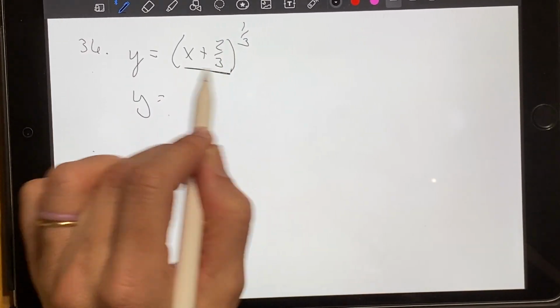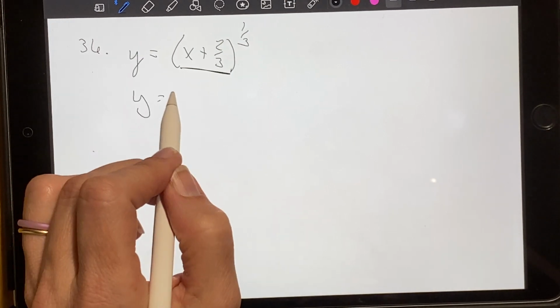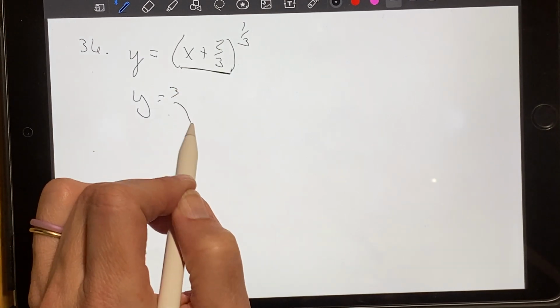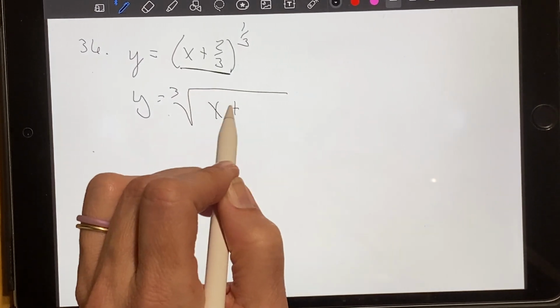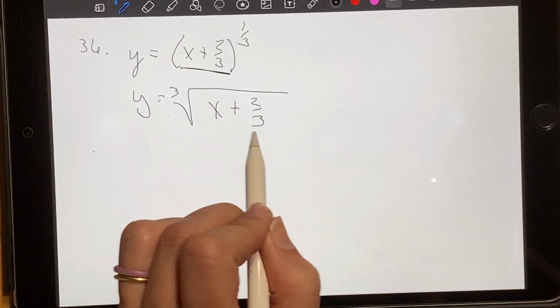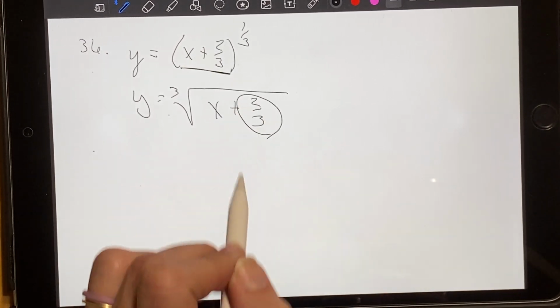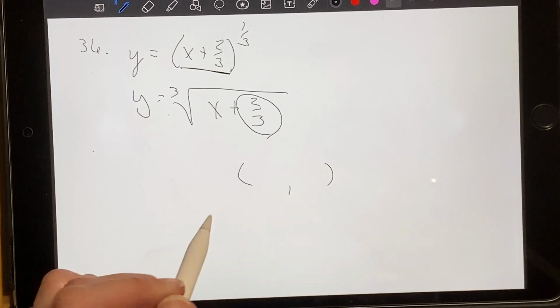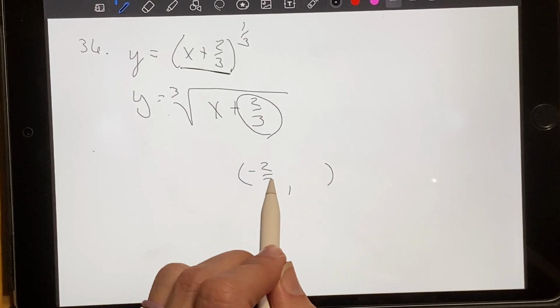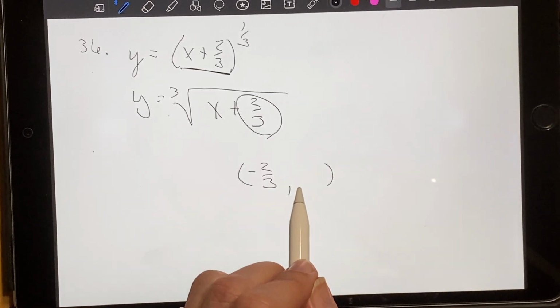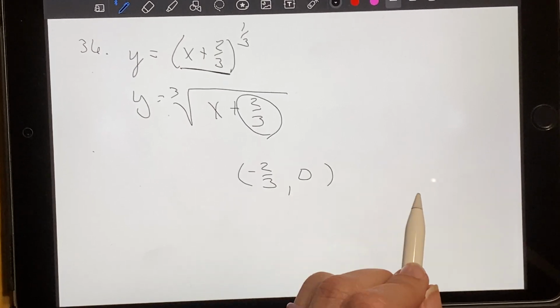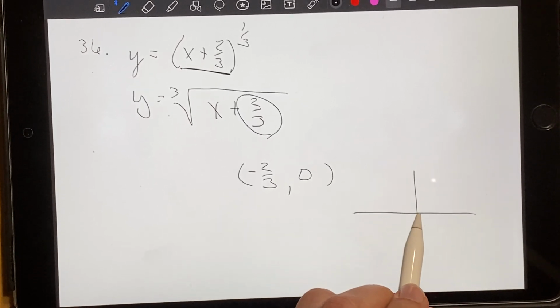This entire binomial is the cube root. So when we put it in this form, we can see that our 2/3 is simply our horizontal shift for our vertex. It's now at -2/3, and I didn't have any shift for y, so 0. So when I'm dealing with my graph, I'm not starting at the origin.